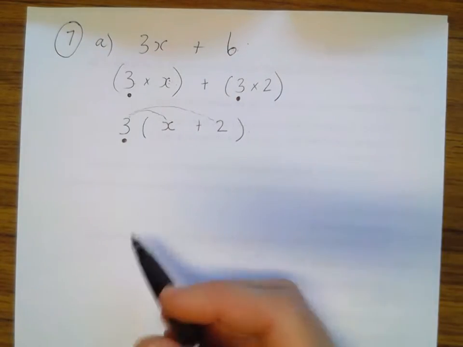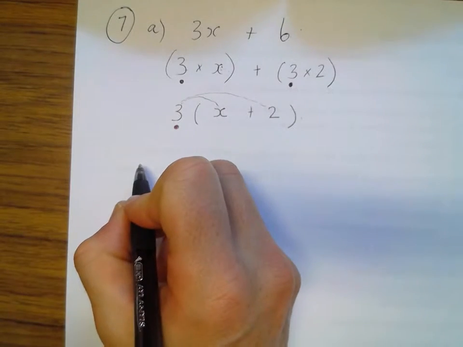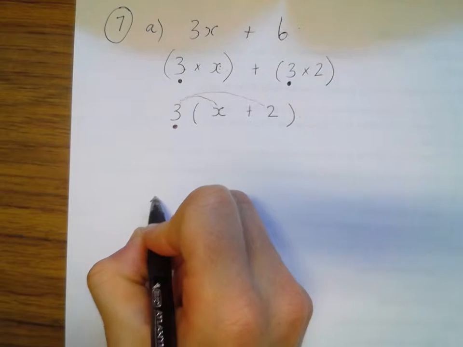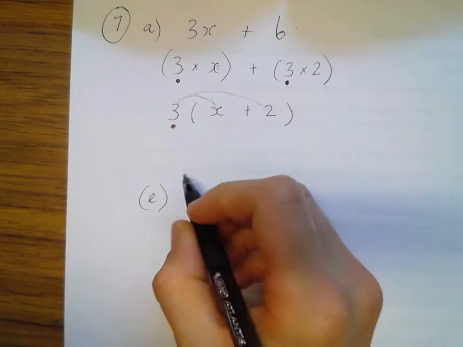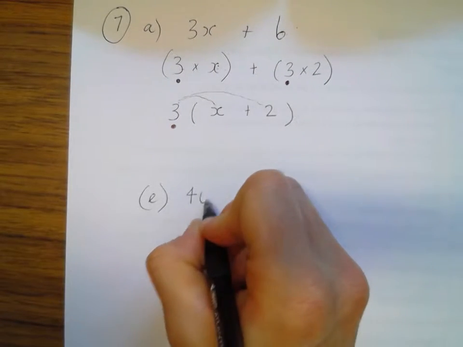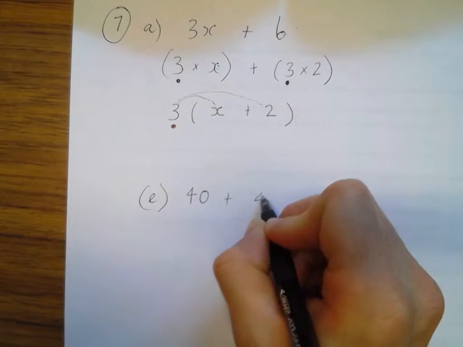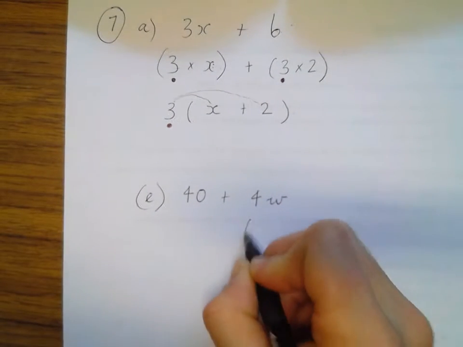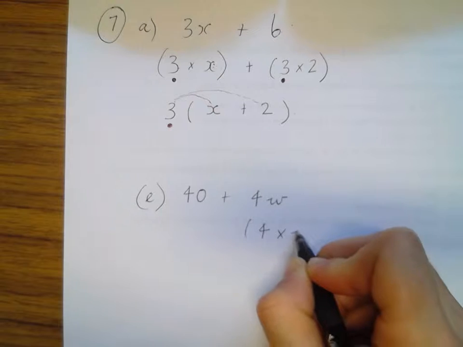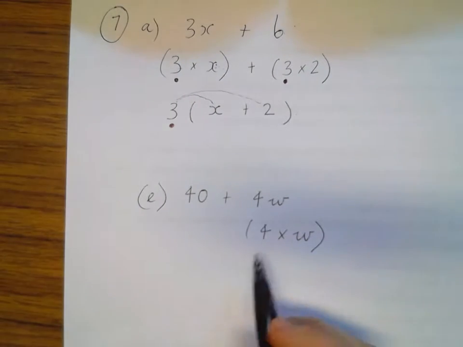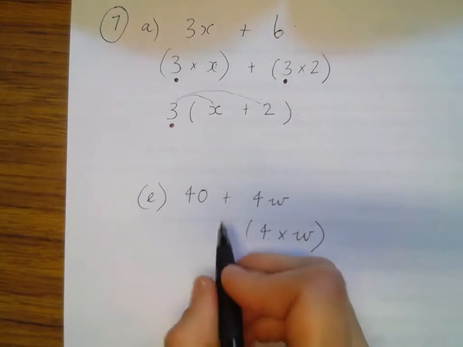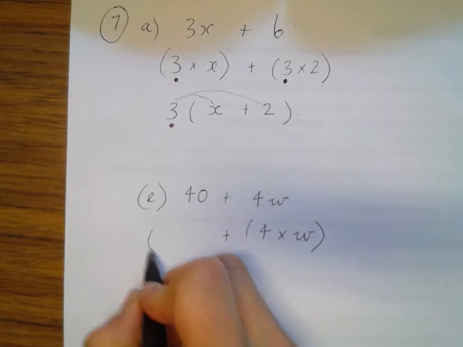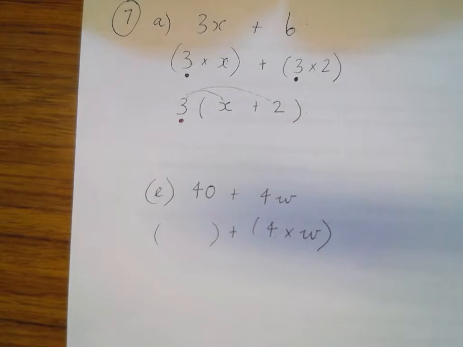Alright, let's look at one a little bit further along. We might go to E. E is 40 plus 4w. So we can see that the only two factors multiplied together for 4w are 4 times w. If you know your times tables, you'll know that 1 times 40 is 40, 2 times 20 is 40, etc., 5 eights are 40.